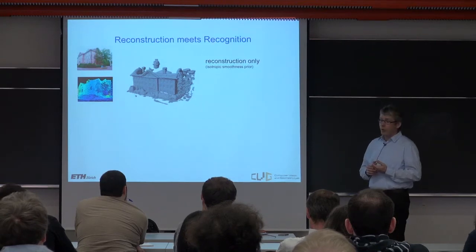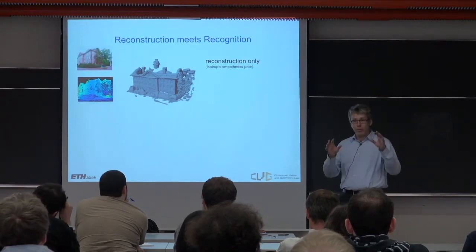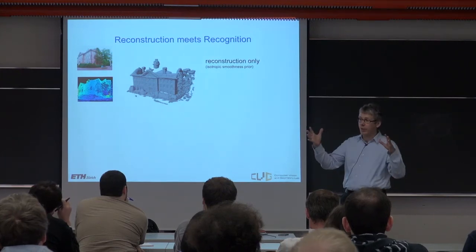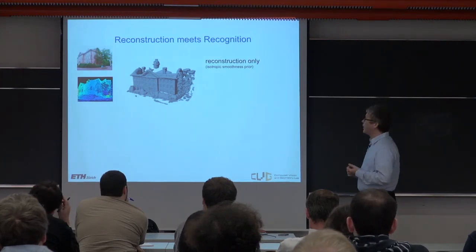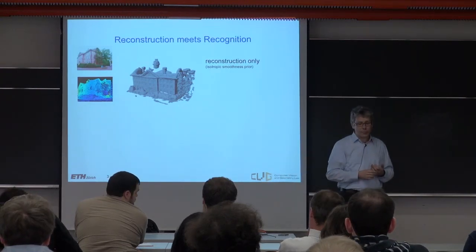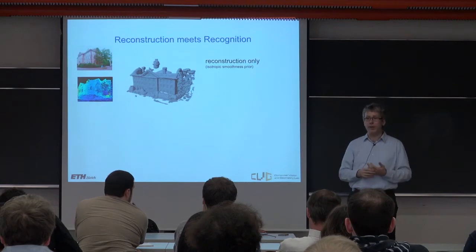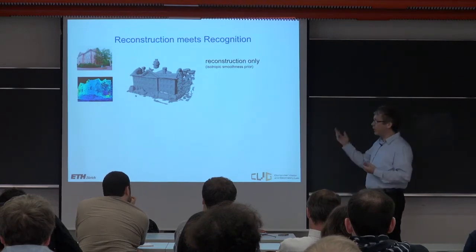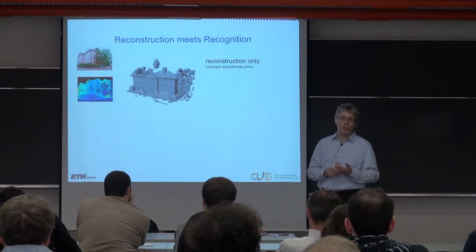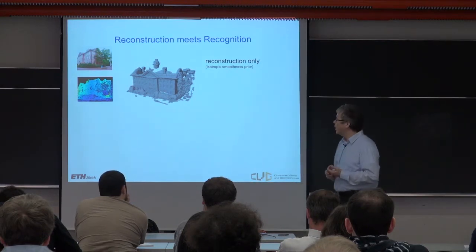Okay? So that means, if you have multiple images of the same scene, figuring out where the different images have been taken from. It means extracting the surfaces of the scene that you observe. And in a moment, I will show a few examples and applications for this.